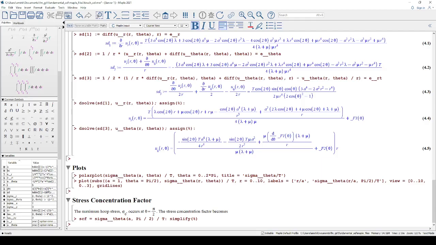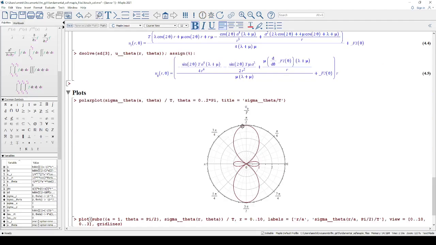If I use the polar plot and normalize it with T, the far field stress, you will see that at half pi and 3 half pi, the hoop stress has the highest value, which is almost 3 here, but we will find the exact value later.